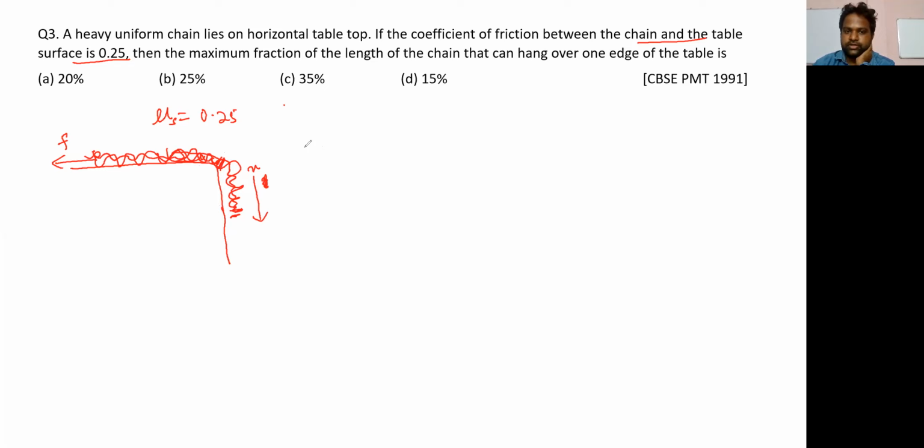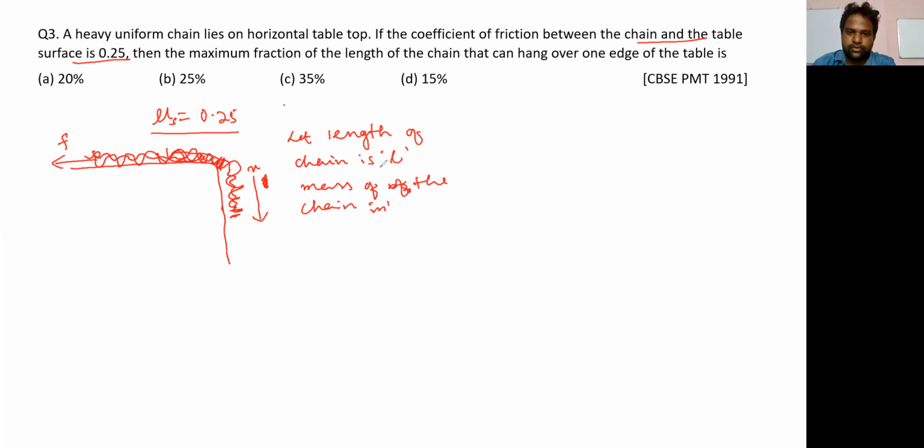So what shall we do then? Now we'll assume certain things. Let the total length of the chain be L, and let the mass of the chain be M. So we have assumed these two things, and the coefficient of friction is of course given.